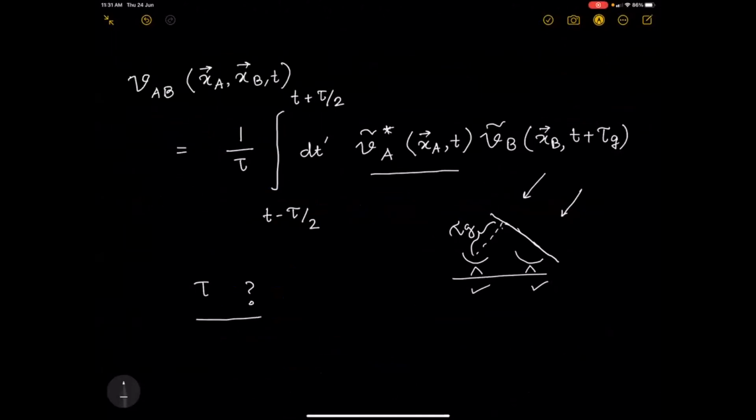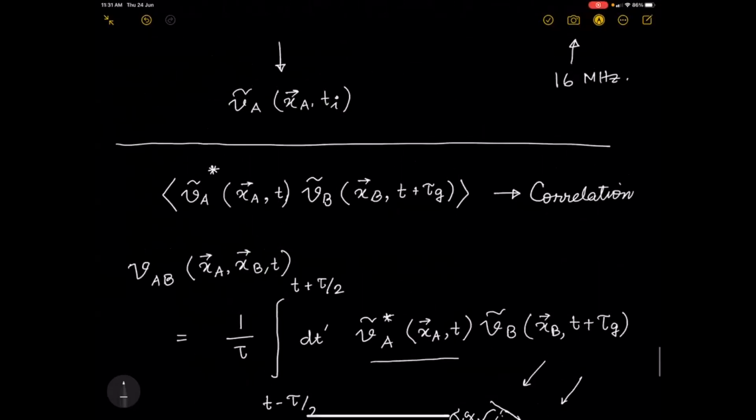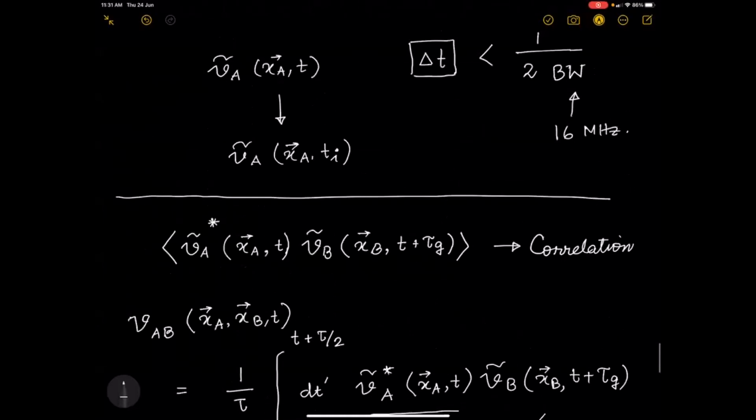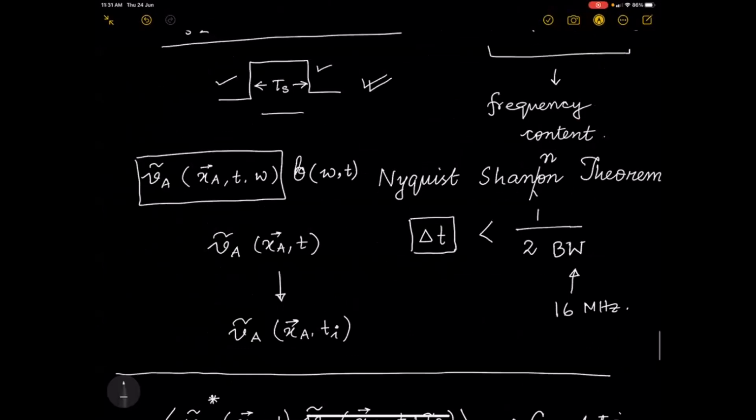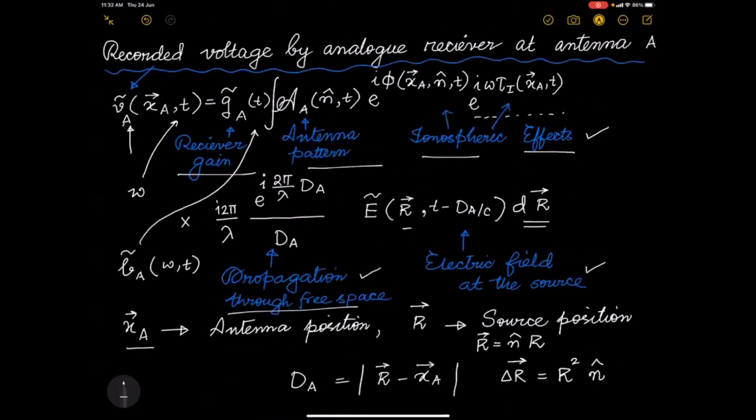Now, before I write down the full expression for V_A and V_B, let us understand one thing. Because there are different time scale oscillations, when I do this integral at a given time, over the time scale of the integral, which is tau, none of this gain term will change, or the ionospheric effects will change.